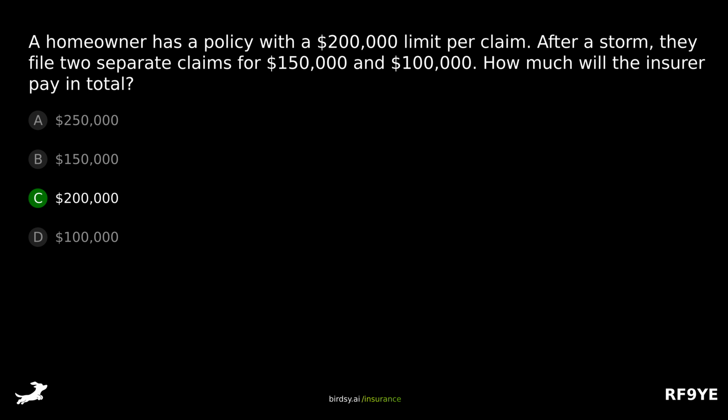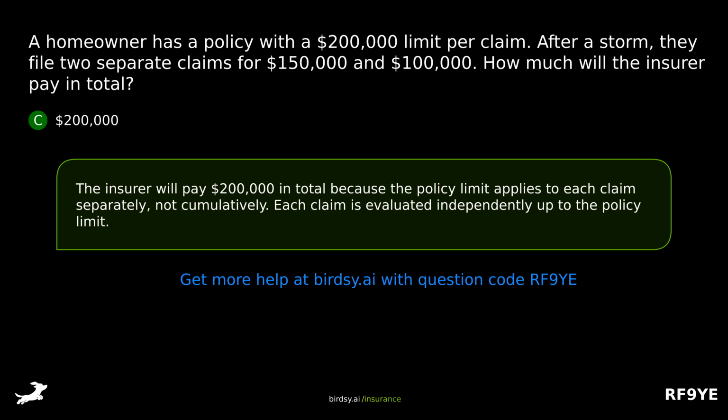The answer is C, $200,000. The insurer will pay $200,000 in total because the policy limit applies to each claim separately, not cumulatively. Each claim is evaluated independently up to the policy limit.